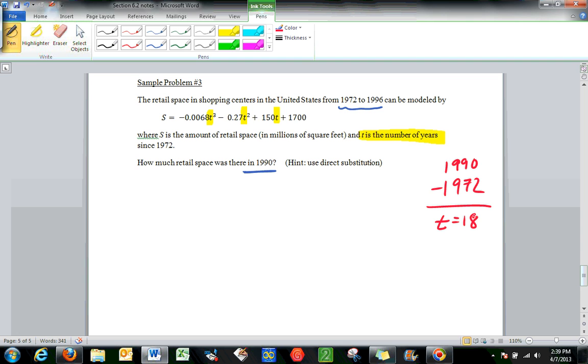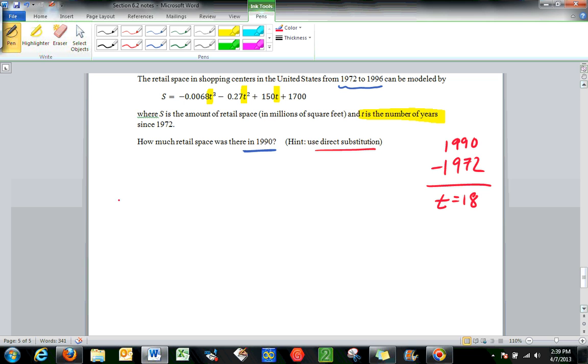So I need to start. In this case, we're going to use direct substitution. Little hint for you would be the easier way to do this. So I'm going to say S is equal to negative 0.0068t, which is 18, cubed, minus 0.27, 18 squared.